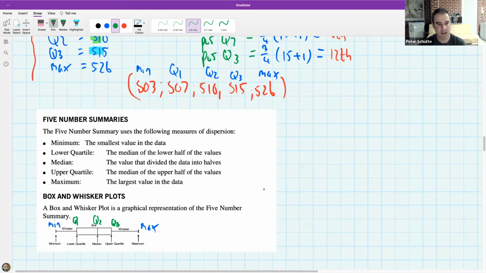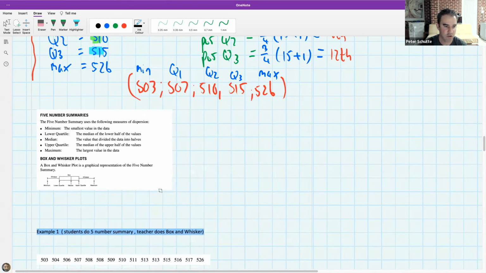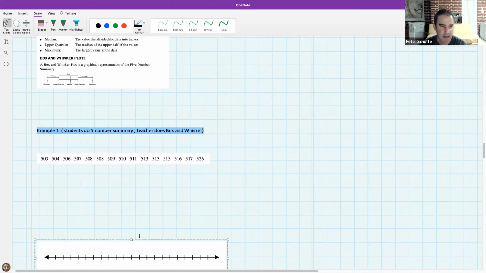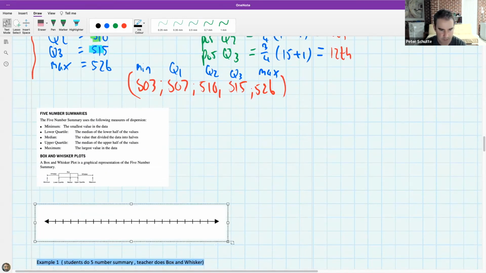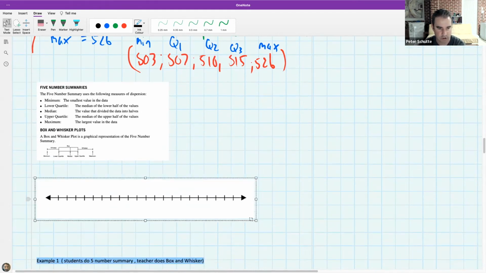It'll probably be easier if I actually just do an example. So let's draw a box and whisker plot. I'll do it, and then you guys can do the next one after this. So how would I go about actually drawing my box and whisker plot? Now, generally, you would need a number line of some sort. And that number line would have to cover a certain range.